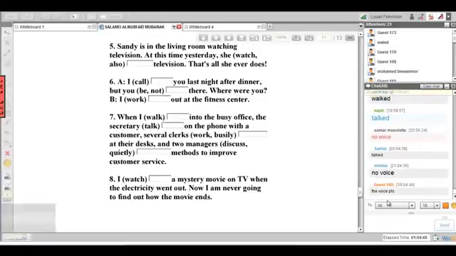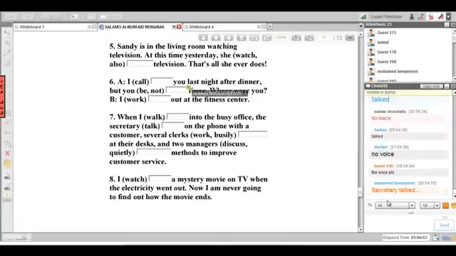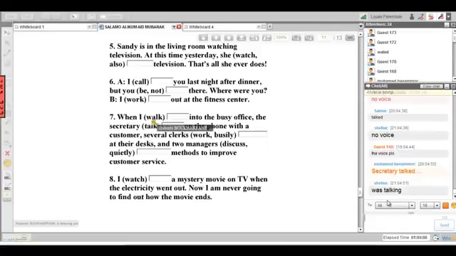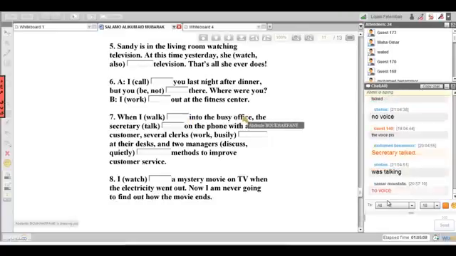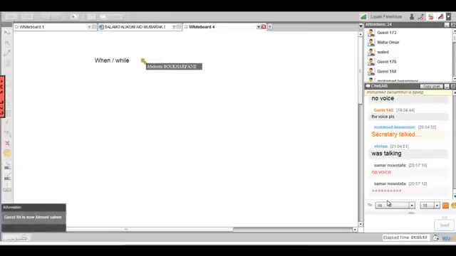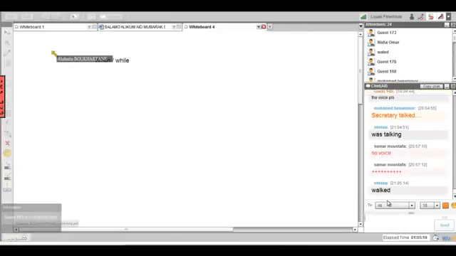The past, it's yesterday. Last night. So I called you last night after dinner, but you were not there. Where were you? And the answer in here, I was working out at the fitness center. Not working. I was working out. I was working. This is it.